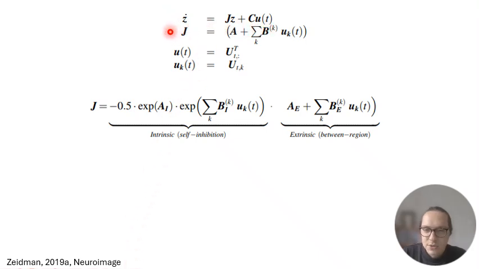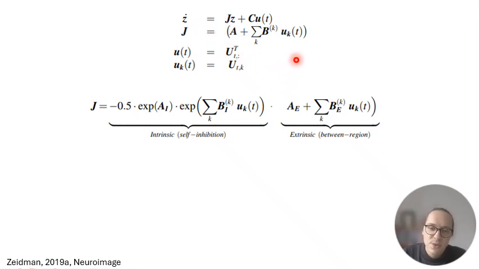But basically what this is showing you is the neural model of the DCM. And it's showing you that the changes in neuronal states over time are dependent upon the connectivity between regions, which is this matrix J, and some driving experimental input described by C and the vector of experimental inputs U. This J matrix is dependent upon the connectivity between regions, as you might expect, which is this A matrix here.